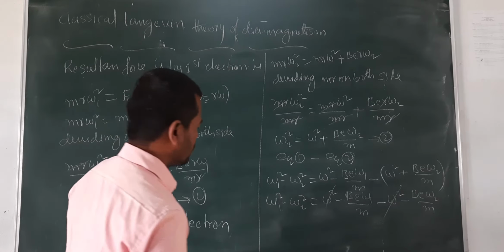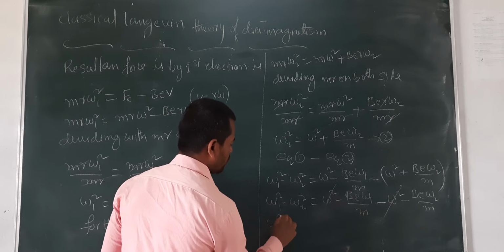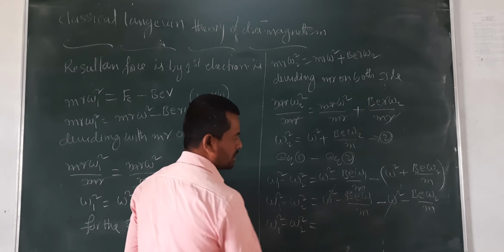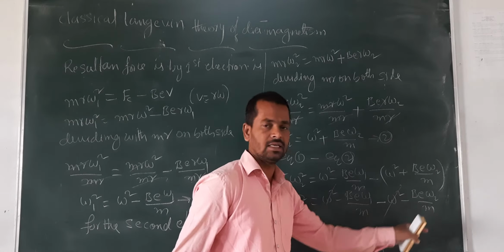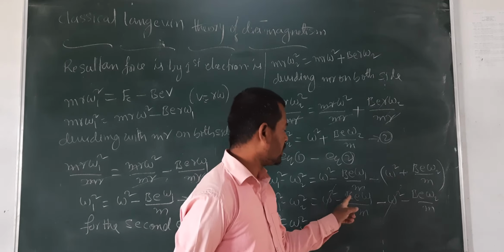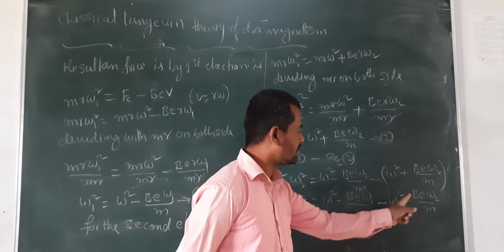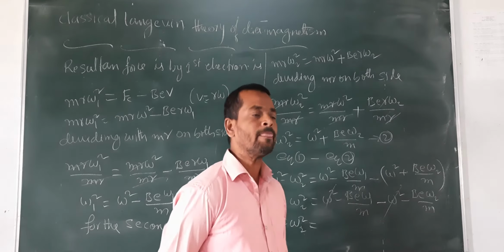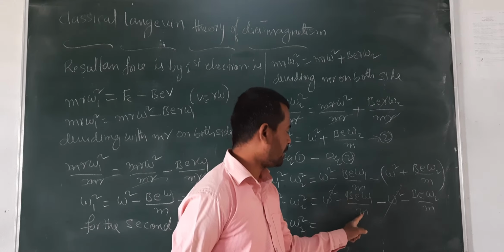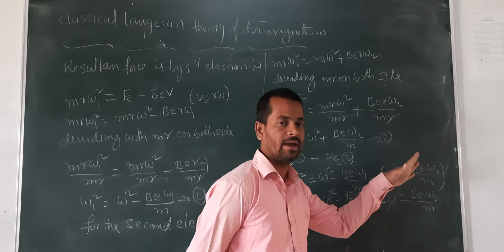Next, remaining is omega 1 square minus omega 2 square, where the minus is common. The constants B e by m are there on both terms, so we take minus B e by m outside.